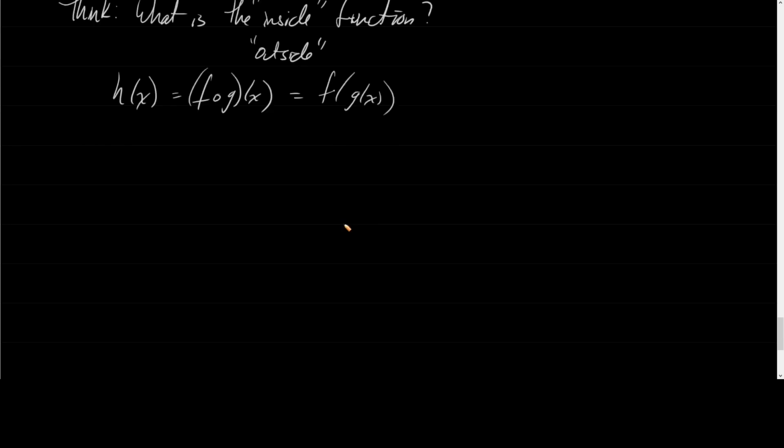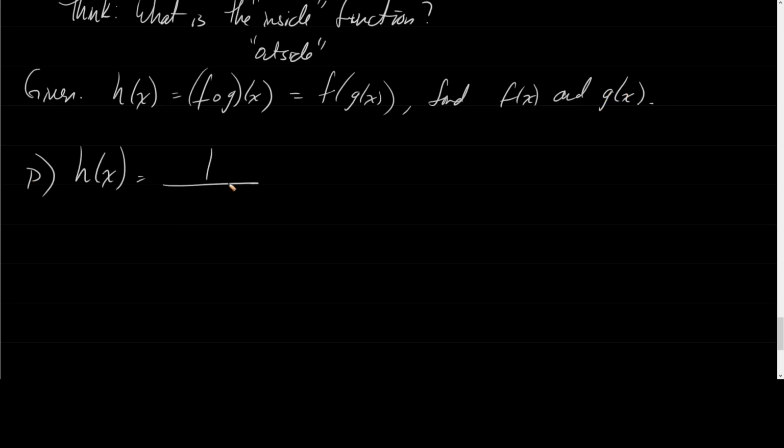Given this, find f of x and g of x. We were at example P. So let's say h of x was something like 1 over the square root of 3x plus 1. And there could be multiple correct answers.